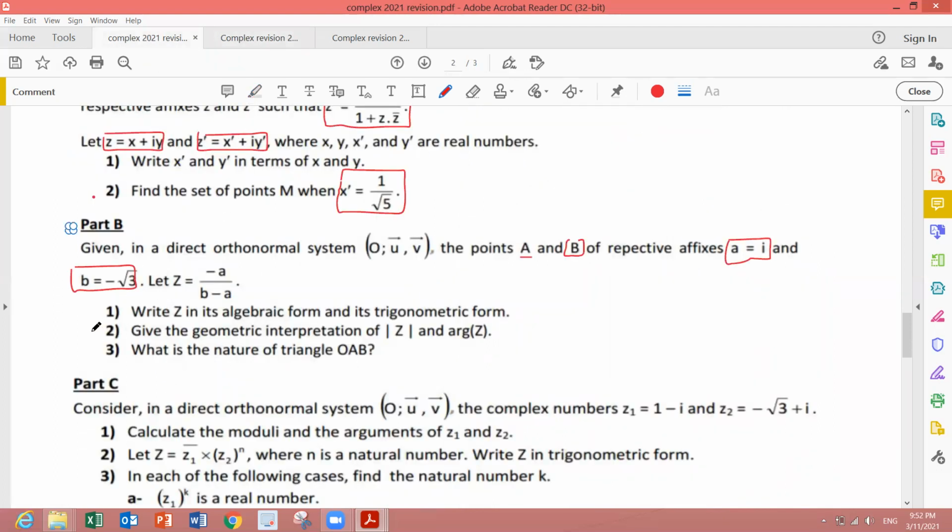Part 2. Give the geometric interpretation of modulus of z and argument of z. Modulus of z is a distance. I need to find which distance.